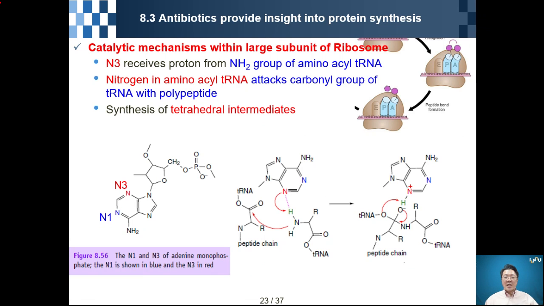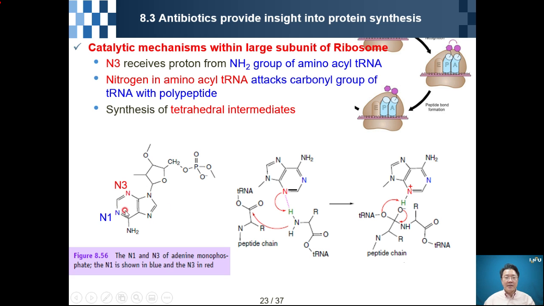In this slide, I will explain another example of antibiotics that provide insight into protein synthesis. Before I go further, I will explain one specific catalytic mechanism within the large subunit of the ribosome. The large subunit of a ribosome has an adenine monophosphate group, composed of ribose, phosphate, and adenine.